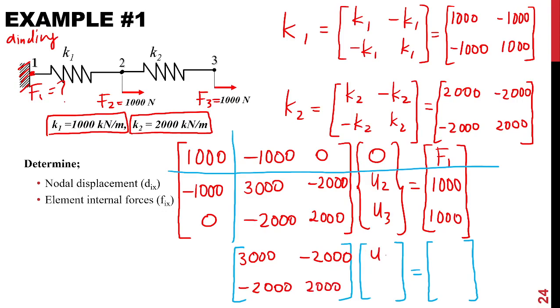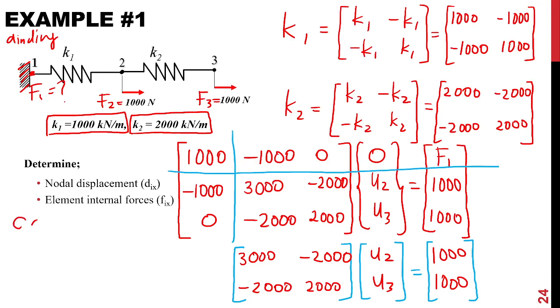Yang ni U2, U3, 1000, 1000. Soft ini pun dah boleh. Kita bernasib baik sebab ini kosong lah. Kita boleh partition matrix ni. Kalau siapa tak ingat boleh review balik lah matrix. So benda macam ni dia dah jadi simultaneous equation yang boleh guna calculator lah.